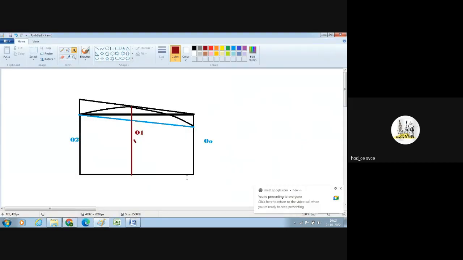We have already calculated this area. I need to calculate the remaining area, I mean this one, right? So what is the formula? 2/3 of the height, right? Here you have given the lettering.